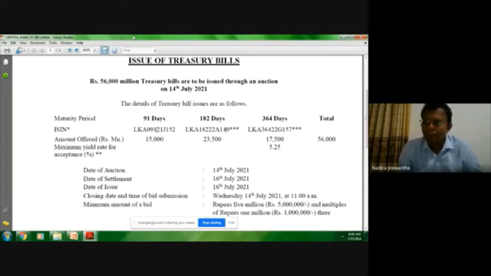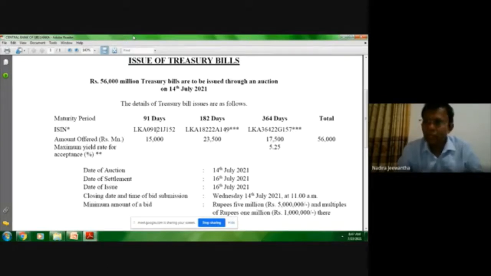If you have purchased this particular instrument on the settlement date, which is 16 July 2021, who can do that? Basically primary dealers. But can an individual? Yes, of course. If you have more than 5 million rupees, you can ask one of the primary dealers to put bids on your behalf. Then as an individual, you are getting it from the 16th onwards. But generally we don't put bids through primary dealers. We go to the secondary market and purchase it.